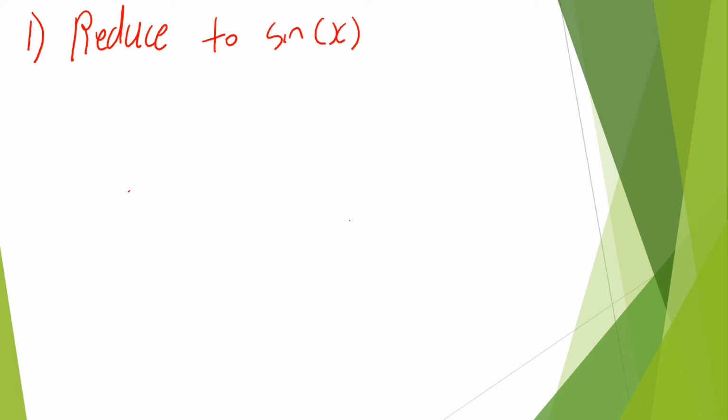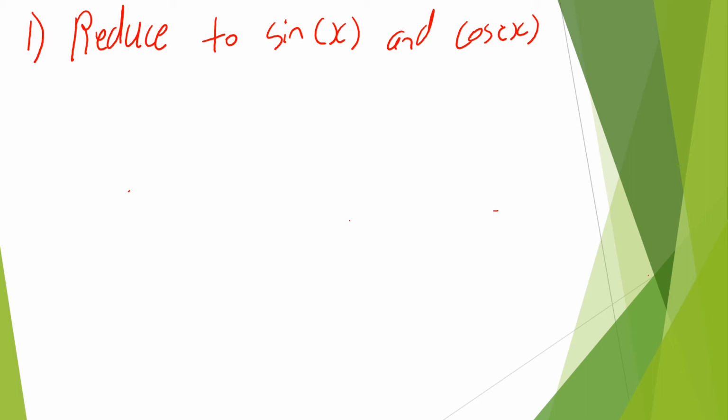When you have the expression that you've been given, you're trying to reduce it to sine and cosine. If you have tan, sometimes you rewrite it as sine over cosine, and then simplify to reduce it to sine and cosine. This is a good thing to keep in mind.